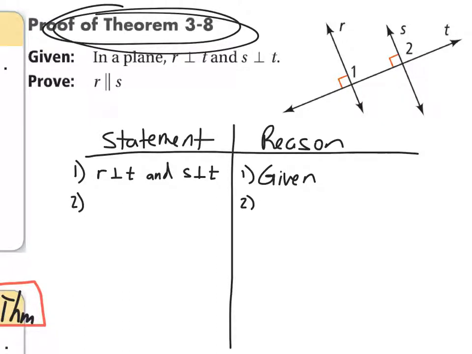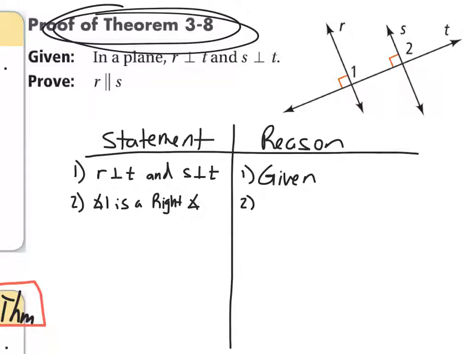Where do we go from here? Well, again, what does it mean to have perpendicular lines? They intersect and form right angles. So that means angle 1 is a right angle. Is there another right angle in this diagram?